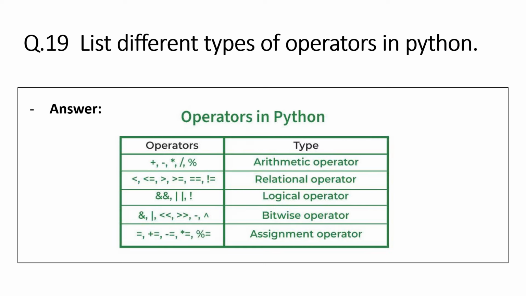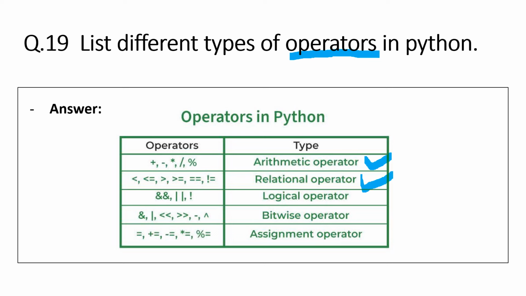So let's discuss the different types of operators used in Python as a next question. The first type of operator is arithmetic operator, which is used to perform addition, subtraction, multiplication, division, modulus operation. These are the arithmetic operations. Next operator is relational operator, which is also called comparison operator.